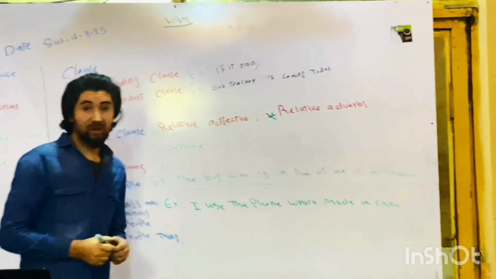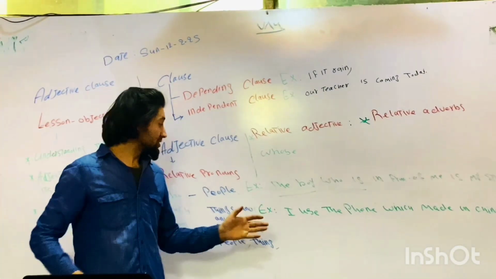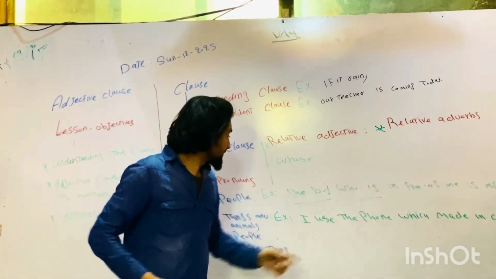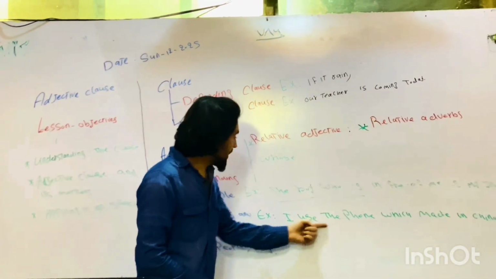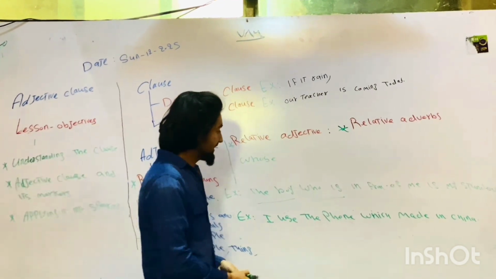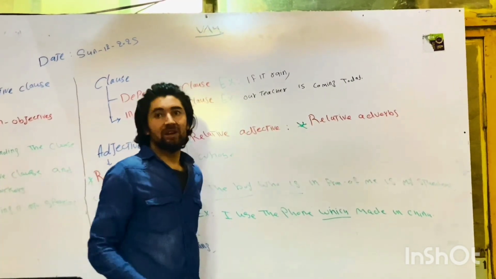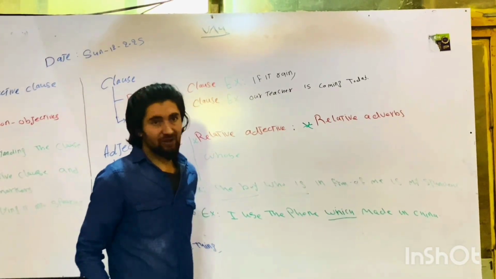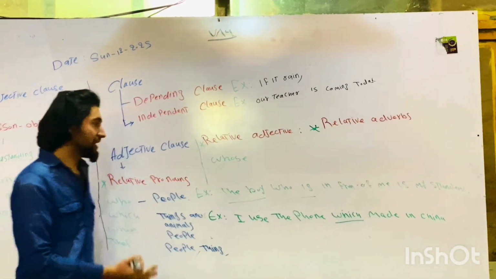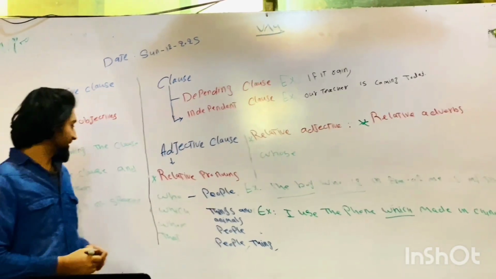So the phone I use was made in China. Here, the phone is the antecedent and which identifies the adjective clause. It introduces the adjective clause for us in this sentence.